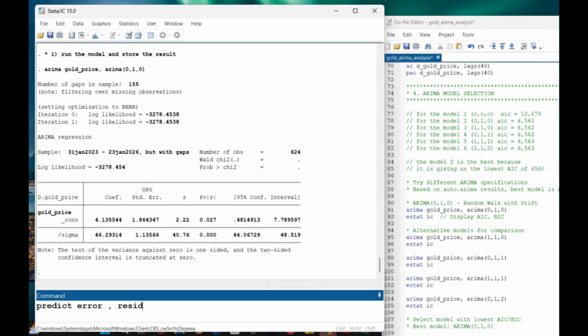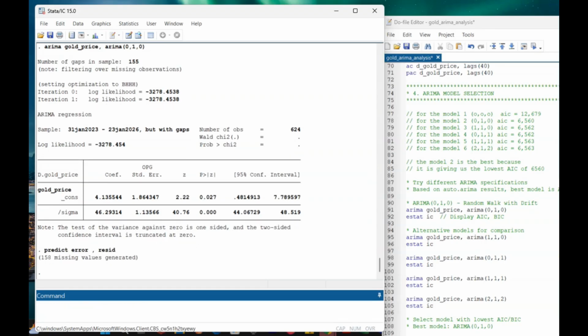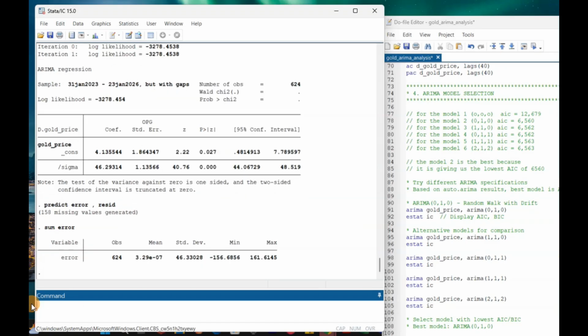We can also do the analysis using the white noise test, the Q test for errors. So now our probability is higher, at 90%. Let us interpret.